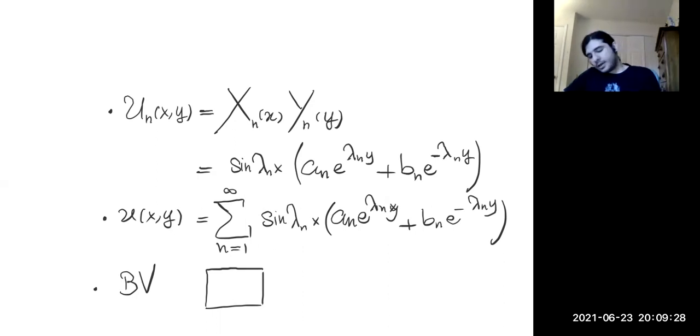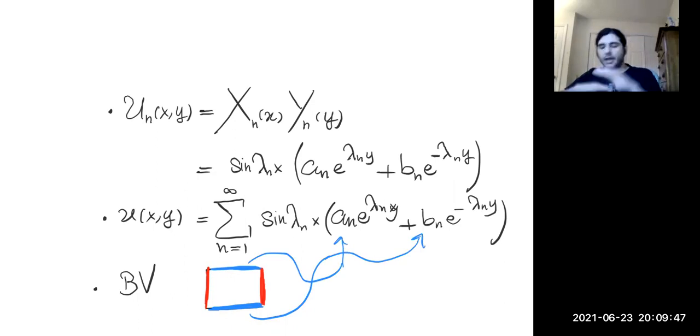Now, this one and this one, we have already used them to compute X. In order to compute An and Bn, we should use these 2. So these 2, the other 2 line segments of our rectangle, would tell us about An and Bn.